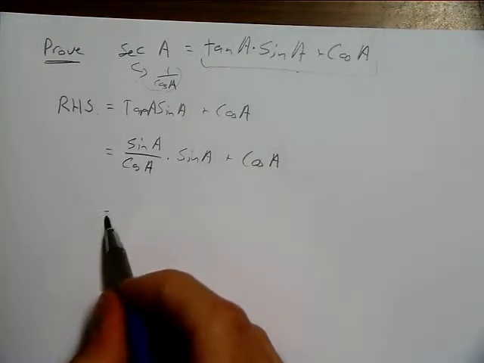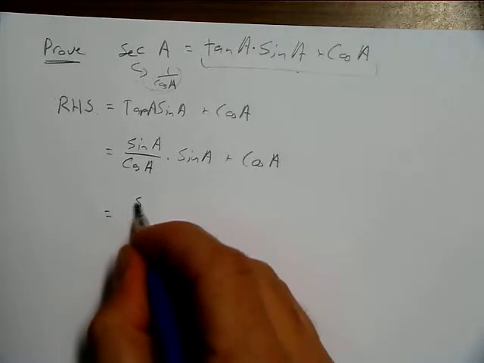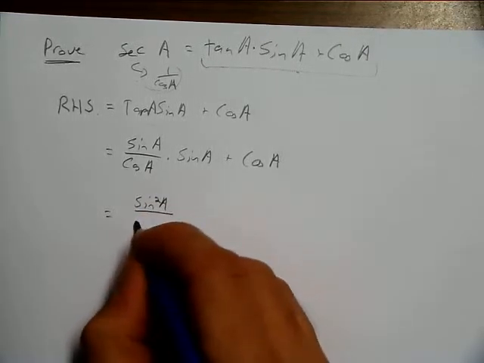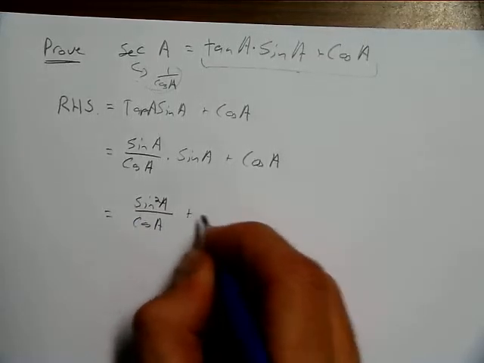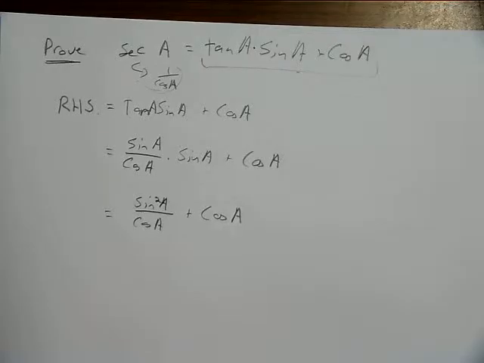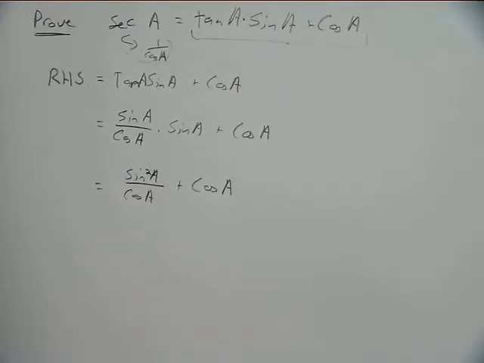Now we have, so that's sin squared A over cos A plus cos A. Okay, looking here, now we do have this sort of sin A thing.